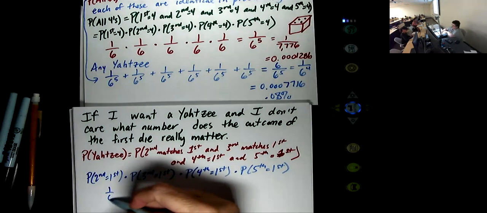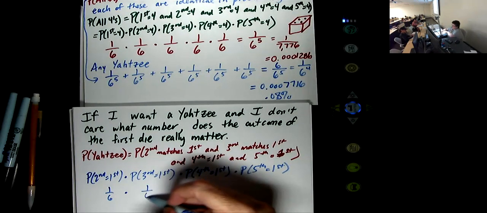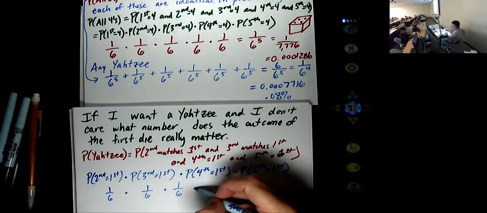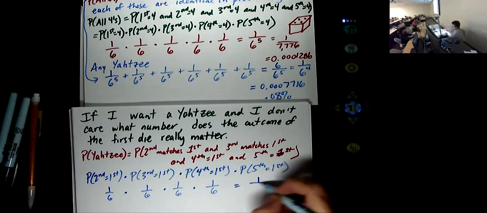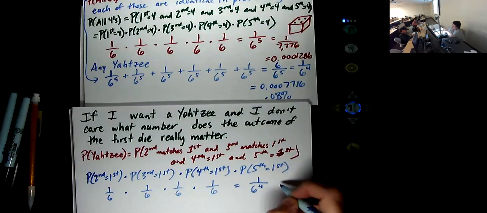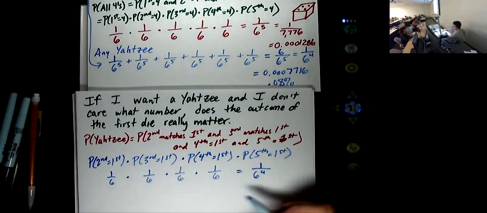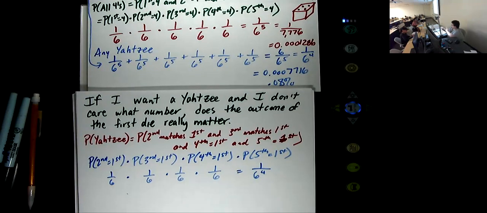Each of these is 1/6. And I get to the 1/6 to the 4th power much quicker. We had less work in this process.